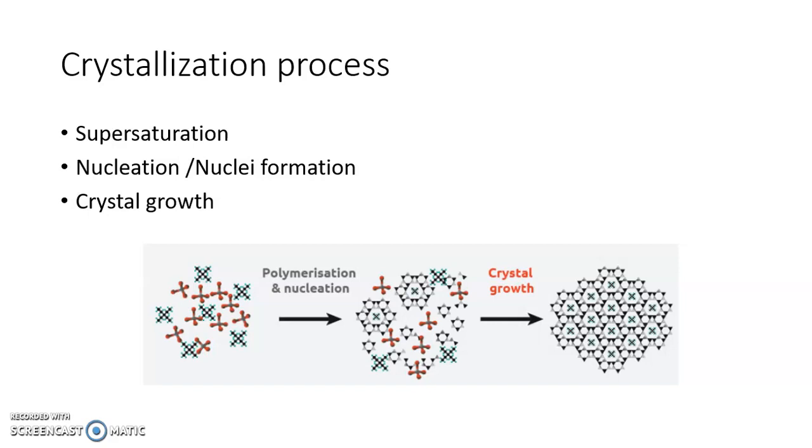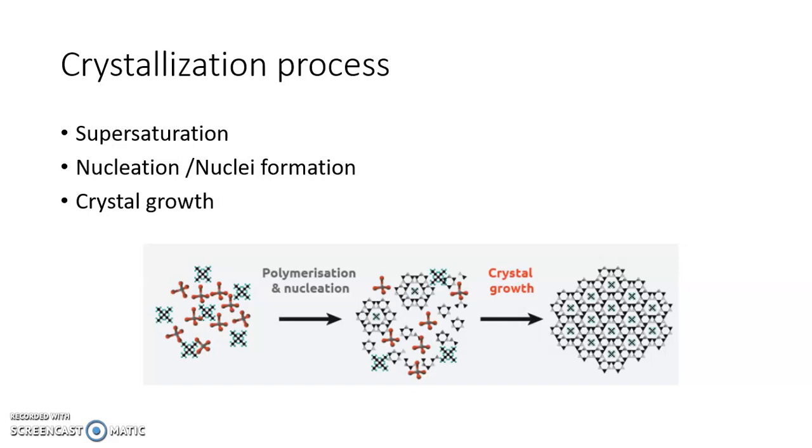But how could you achieve supersaturation? Most of the solids follow this rule: as the temperature increases, the solubility of the solute also increases. This is true when the process of solubilization of the solute is endothermic.